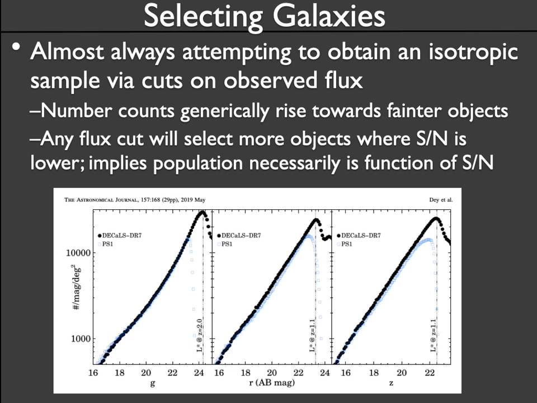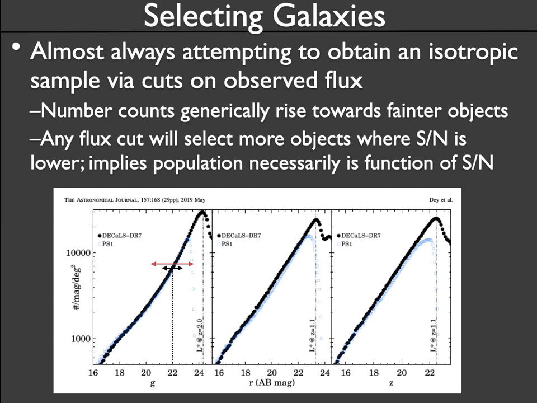And one easy way to understand this here is just using number counts of detections in the photometry from the DESI legacy survey data. And you can see that we have dramatically more counts of faint objects than bright objects. So if we cut at any given flux, so say we cut at G-band magnitude of 22 here, the scatter might be Gaussian in magnitudes or in flux.